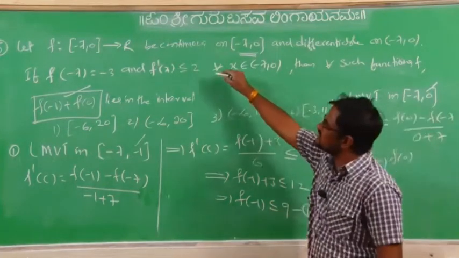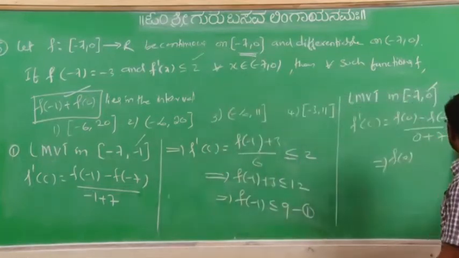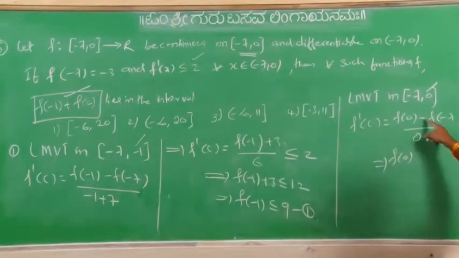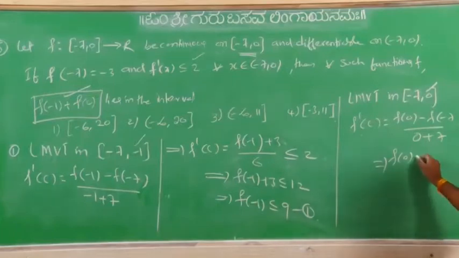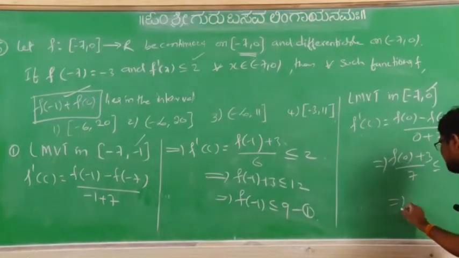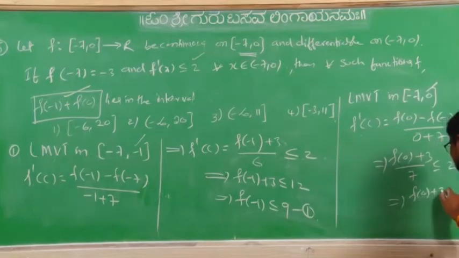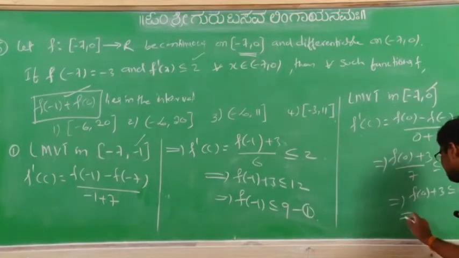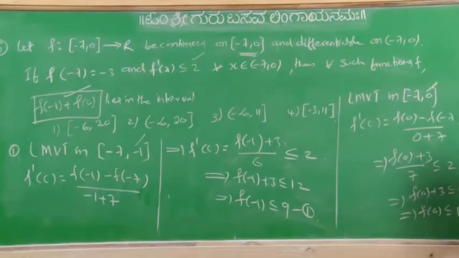Here also f'(x) is less than or equal to 2. So f(0) plus 3 divided by 7 is less than or equal to 2. That implies f(0) plus 3 less than or equal to 14. That implies f(0) less than or equal to 11. This is equation number 2.